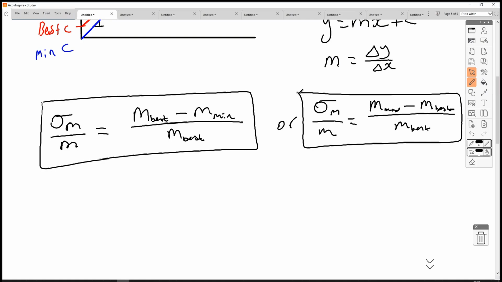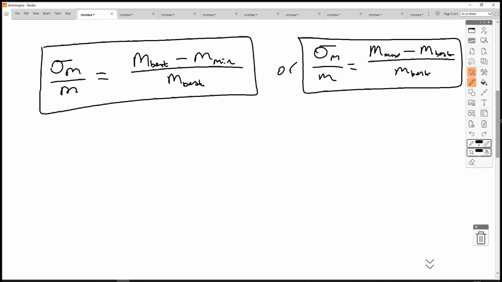And then for the intercept, it's the exact same thing, but with the intercepts instead.